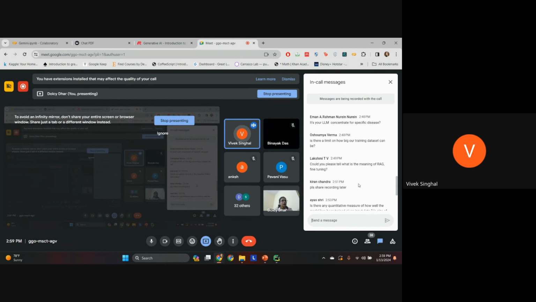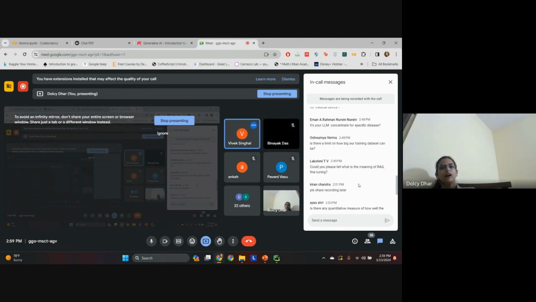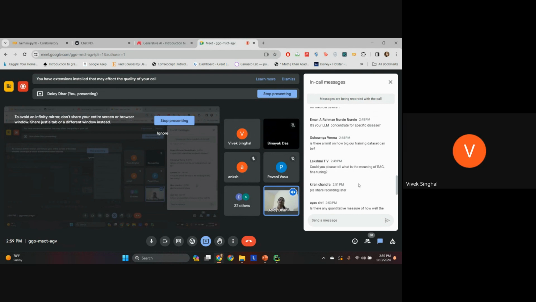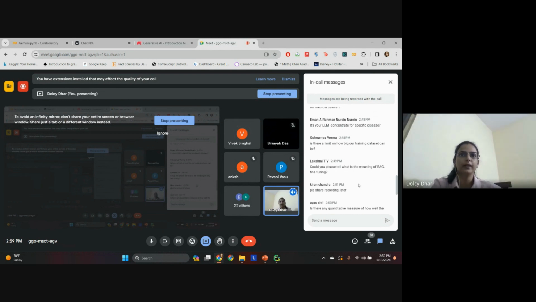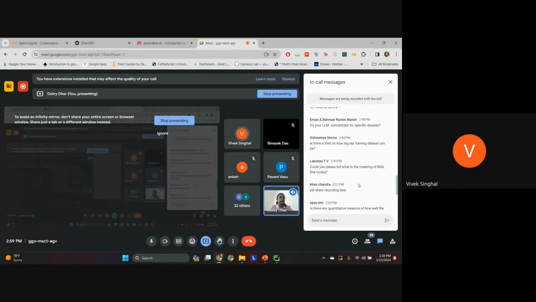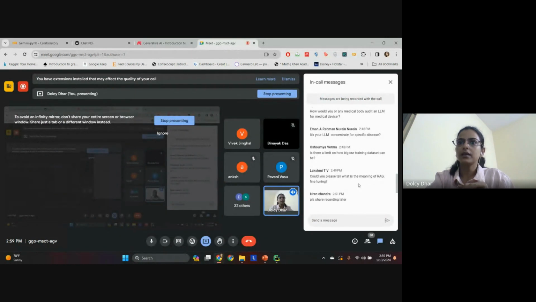Are BARD and Gemini the same or different? I have answered, sir. I think BARD is updated with Gemini, but Gemini Pro is different. It is not in the BARD web interface. And someone asked me if there is a limit on how big a training data set can be. So, Shamya, there's a very good paper known as the Chinchilla paper. You can go check it out.